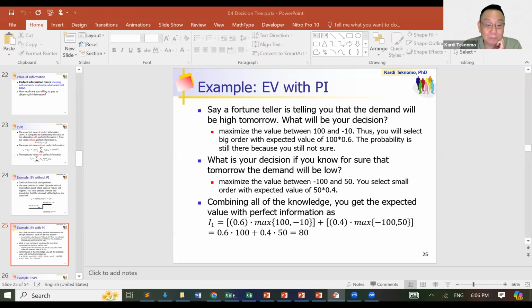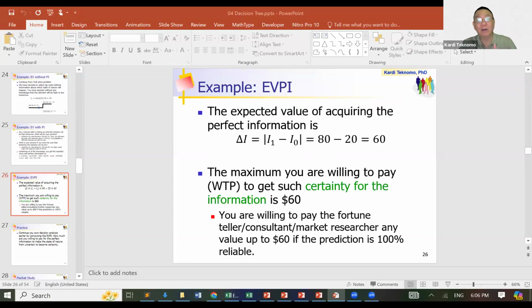Knowing I0 and I1, the expected value of perfect information is 80 minus 20 earlier. So in this case, you get 60. What does that 60 mean? This is the maximum you are willing to pay, WTP, to get certainty of information.